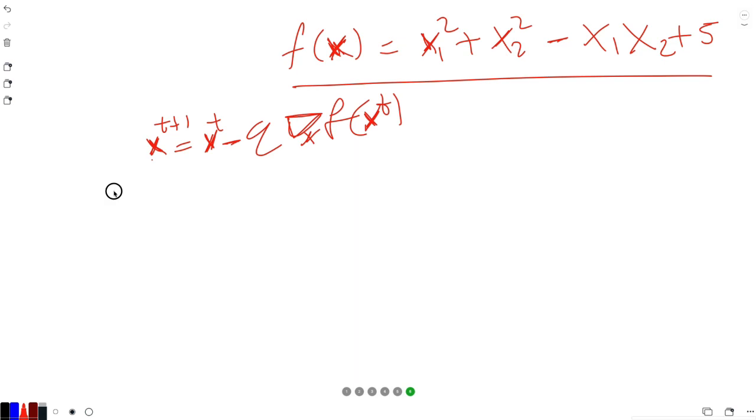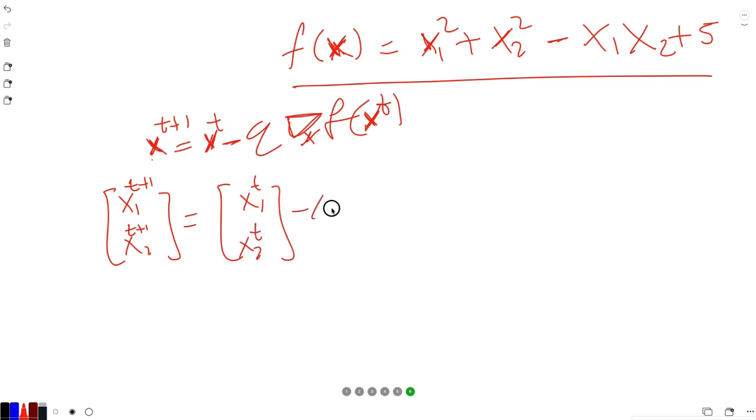This is simply x1 at t plus 1 and x2 at t plus 1 equal to x1 at t, x2 at t, minus eta, just like a linear algorithm. It can be adaptive or fixed. And here we have the gradient of f with respect to x1 and x2, which means we have a vector.